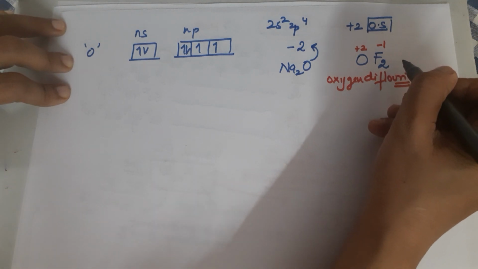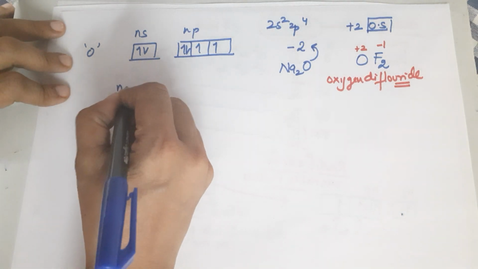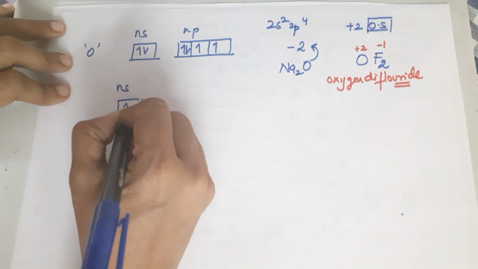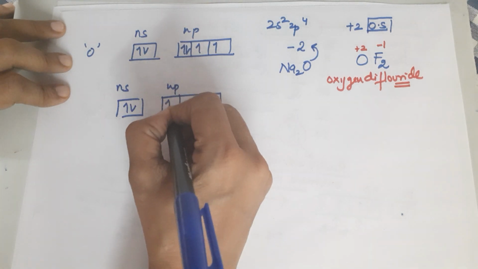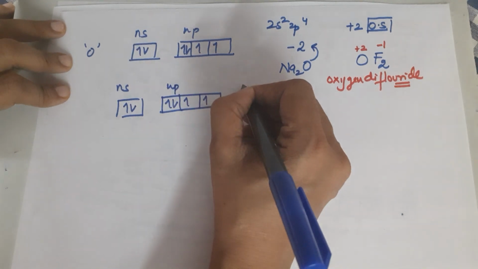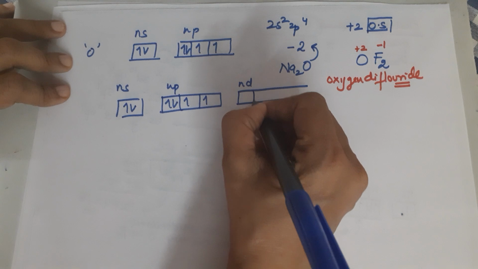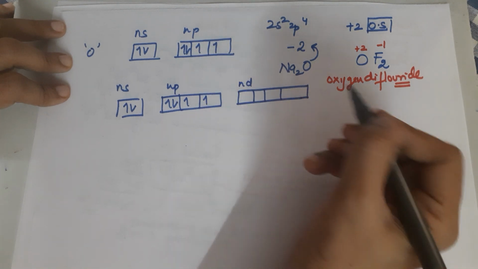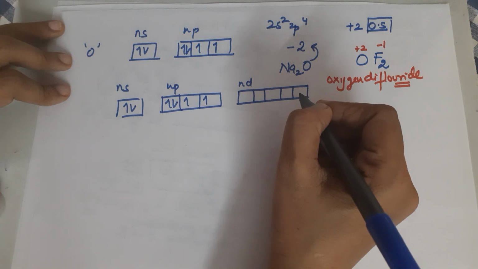Now, this also means that for the other members, the outermost shell has ns, np, and also has available vacant d orbitals which can be used for bonding. So in this case, the bonds can be more than 4.